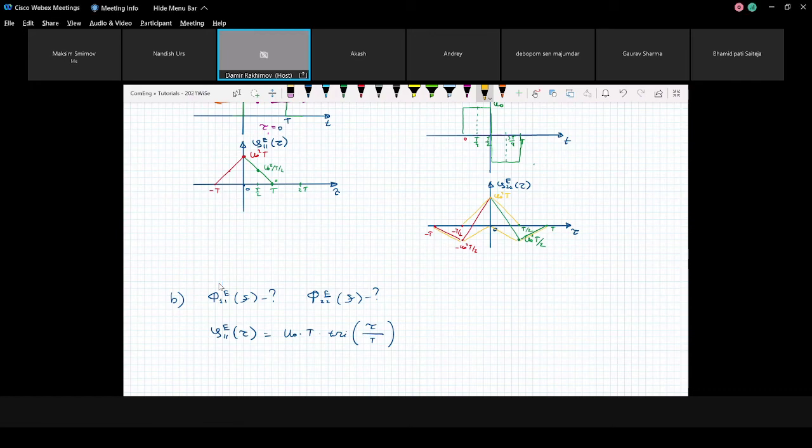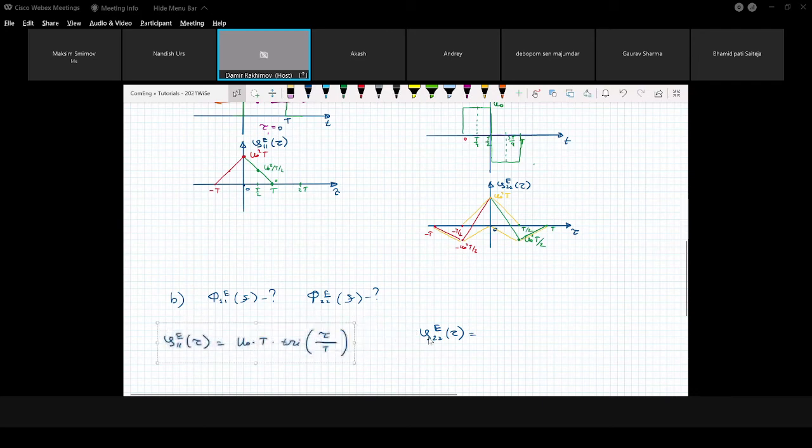And we use it and we write that our second correlation function of tau can be written, and we just write everything we know. Maybe I start with the triangular centered at origin, u0 squared times triangular of tau, divided by T over 2. Okay, then we have minus.